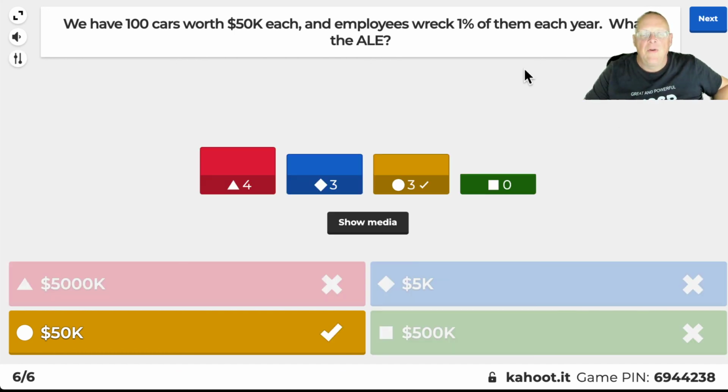Okay, if employees wreck 1% of them, then you're going to lose one of those 100 cars per year, so you're going to lose $50K per year just for the car. Now, not addressed here, of course, is the damage to the people, which would probably be a lot larger. But anyway, if you're only considering the cars, you expect to lose $50K a year from this.